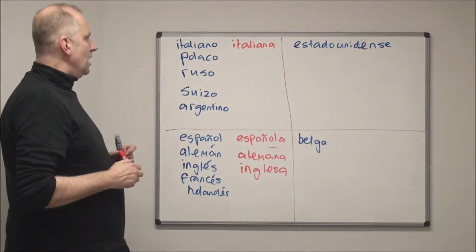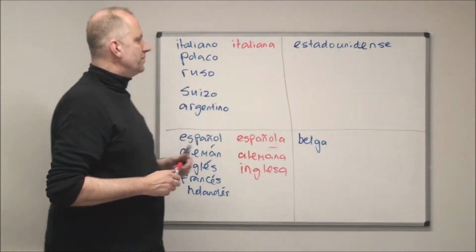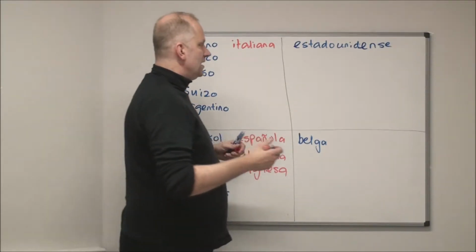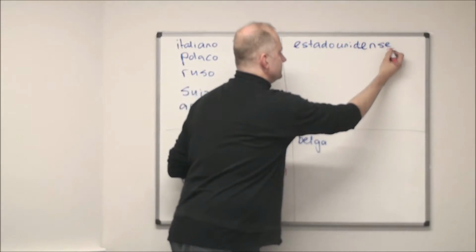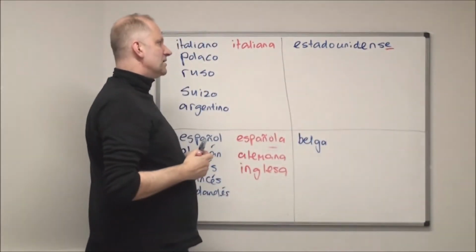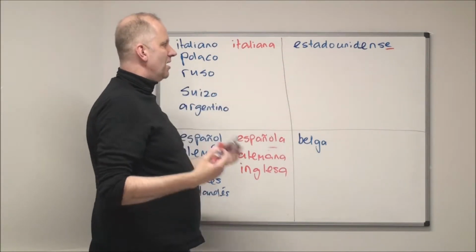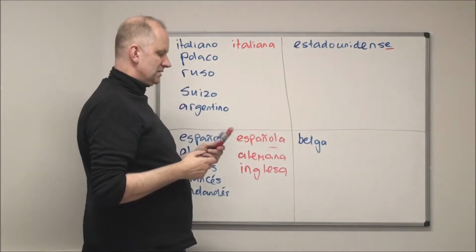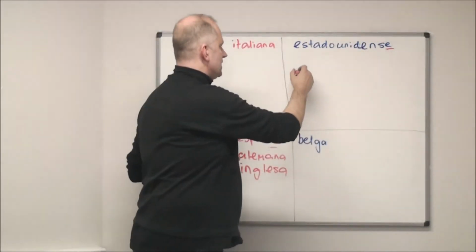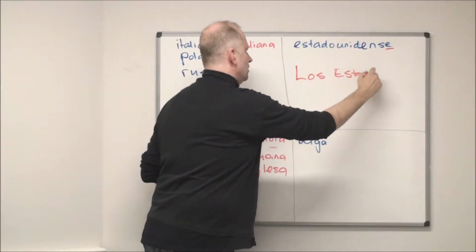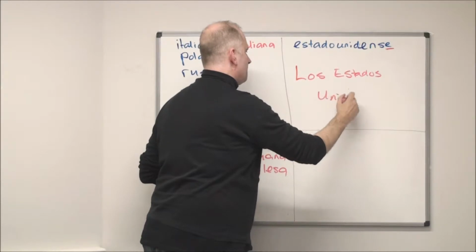Okay, so another group of adjectives to look at is ones where the adjective ends in an E. An example of this is estadounidense, which means American, somebody from the United States. The word for the United States is Los Estados Unidos.